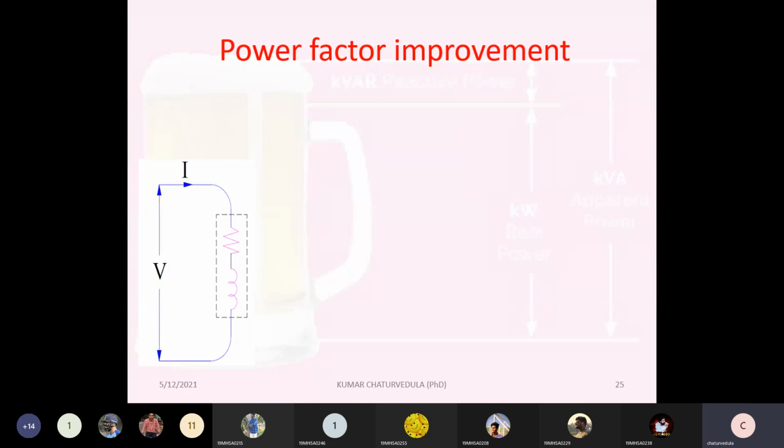The equivalent diagram for the physical transformer and the induction motor is represented like this. This is the voltage given by the transformer, and this is the load of the induction motor. The induction motor cannot be a pure inductive load. It will be a combination of resistance and inductance, so an RL load is present over here.